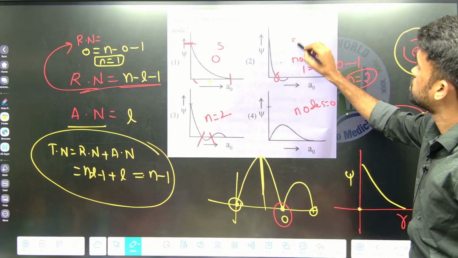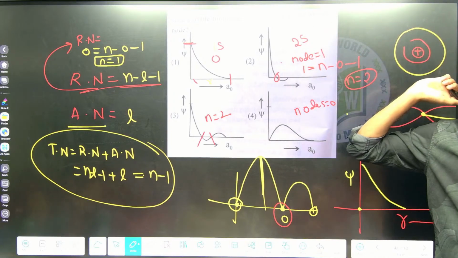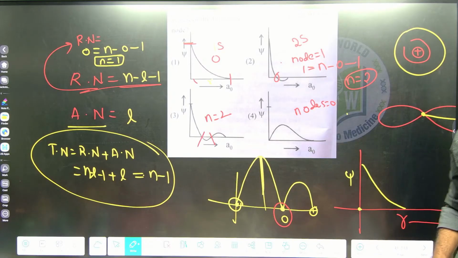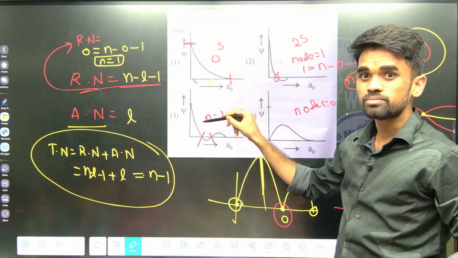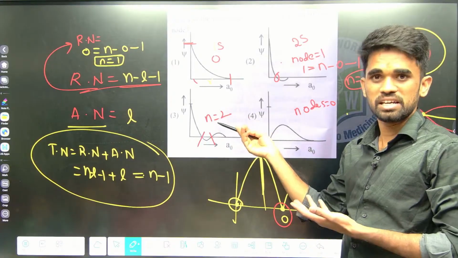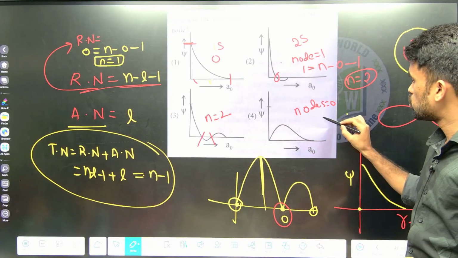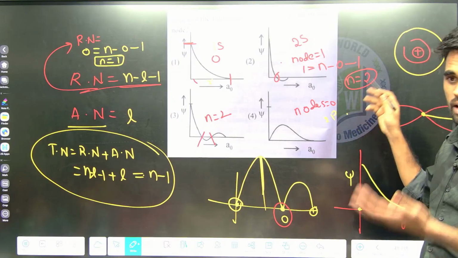So it becomes 2s. Are you getting what I am saying? Next, you do it for this one. Easily you can say this is 3s. Okay. Otherwise it can be 2p or 3p or 3d like that.